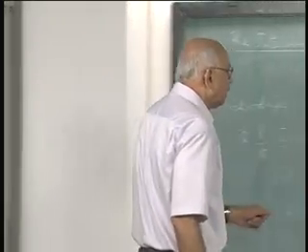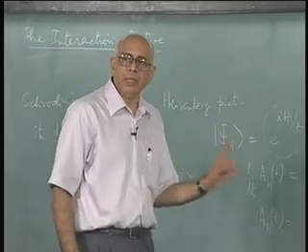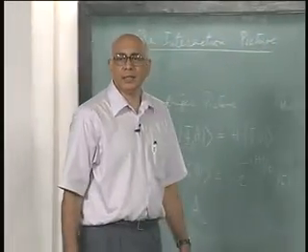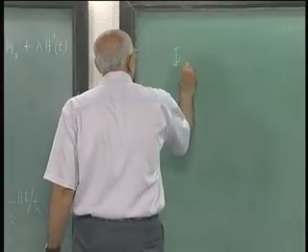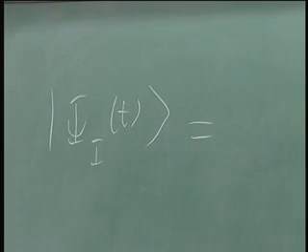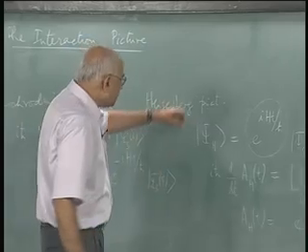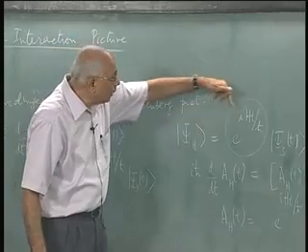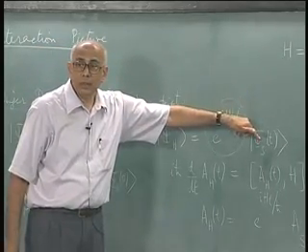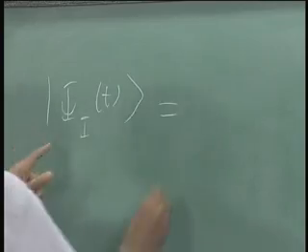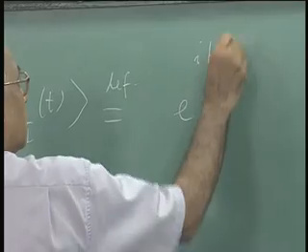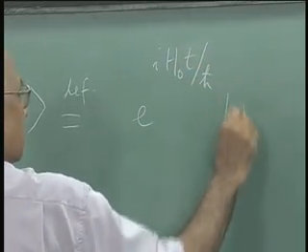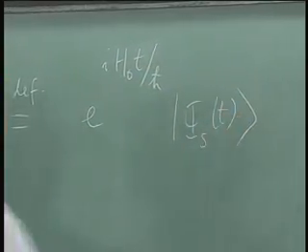And therefore he said, let us go to an intermediate picture between these two pictures, called the interaction picture, and that says that I define psi interaction of t in this form. Just as the Heisenberg one had e to the iHt psi Schrodinger, now you define this to be e to the power i H naught t over h cross times psi Schrodinger of t.